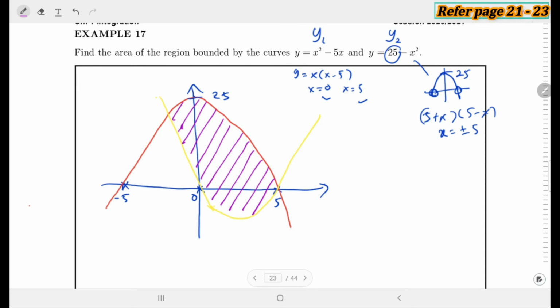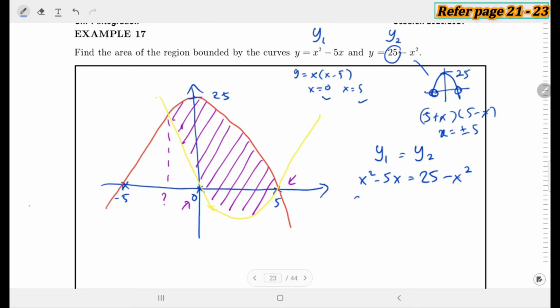Before we can find the area, we must first find the intersection points. Here is 5, here is 0. But how about this? At that point, the intersection is between y1 and y2. So as usual, we equate these two equations. y1 equals y2, so x squared minus 5x equals 25 minus x squared.